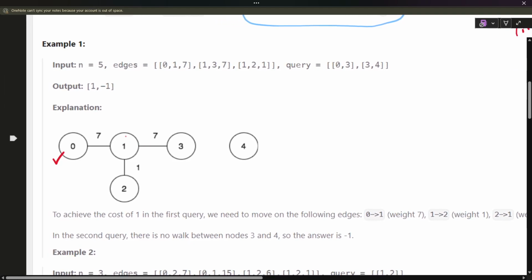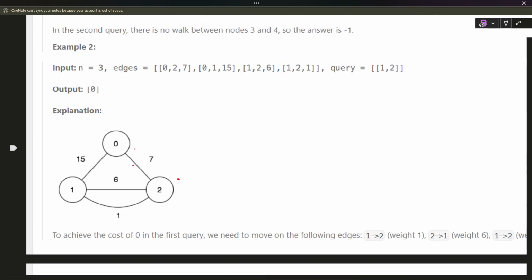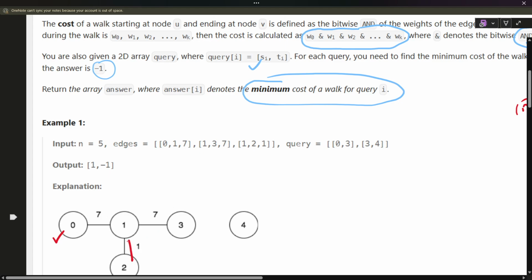Okay, so suppose we want to go 0 to 3. Or suppose we have to go 0 to 2 to 0, right? We can go this way, we can go this way, and we can go this way. Okay, this is the way.